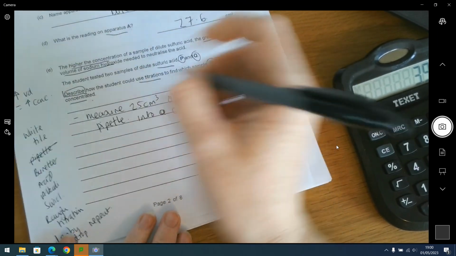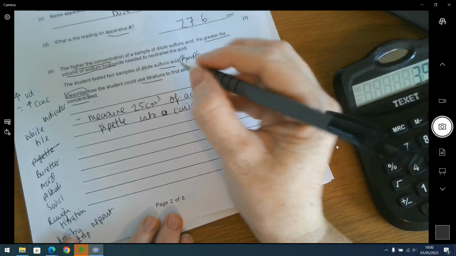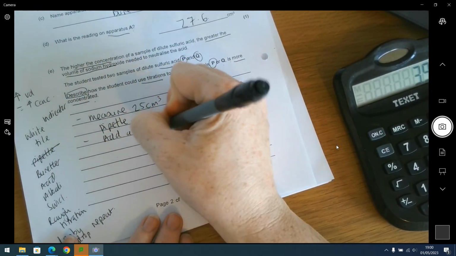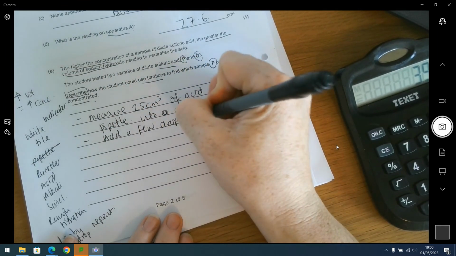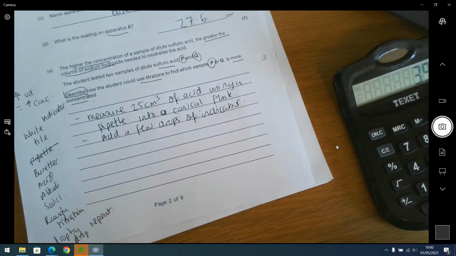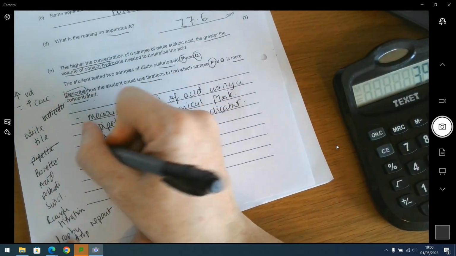Oh, I've missed off indicator, haven't I? Step 2, add a few drops of indicator. Again, you don't need to name the indicator here, but you have to say that you add a few drops of indicator. So tick off indicator, that one's gone.